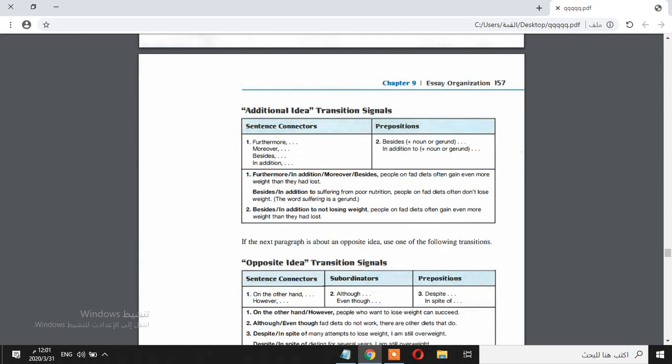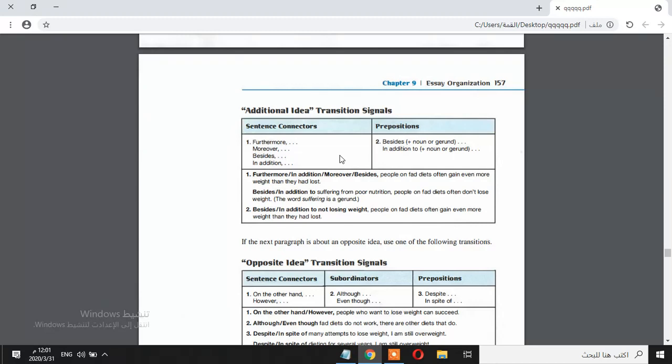We are finished with additional idea transition signals. But I want to draw your attention to the fact that furthermore, moreover, besides, and in addition as sentence connectors aren't the only sentence signals.